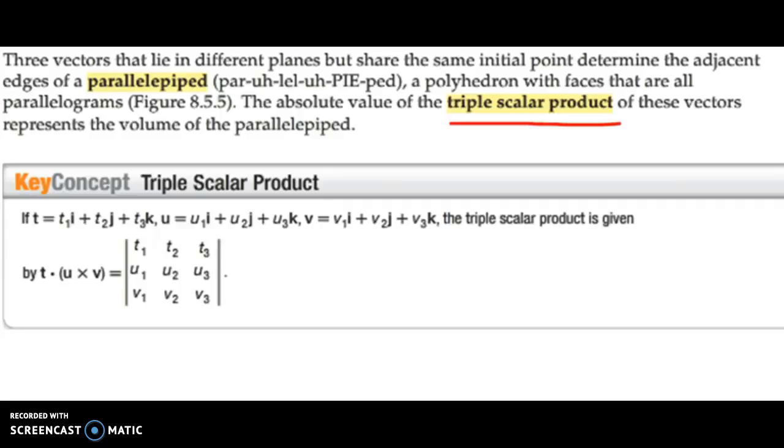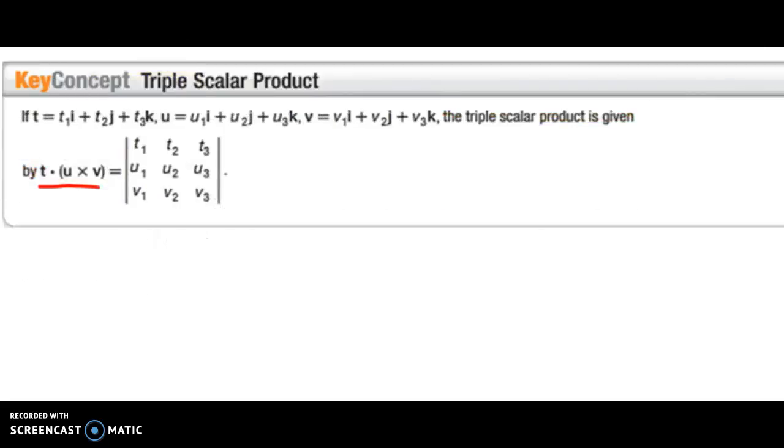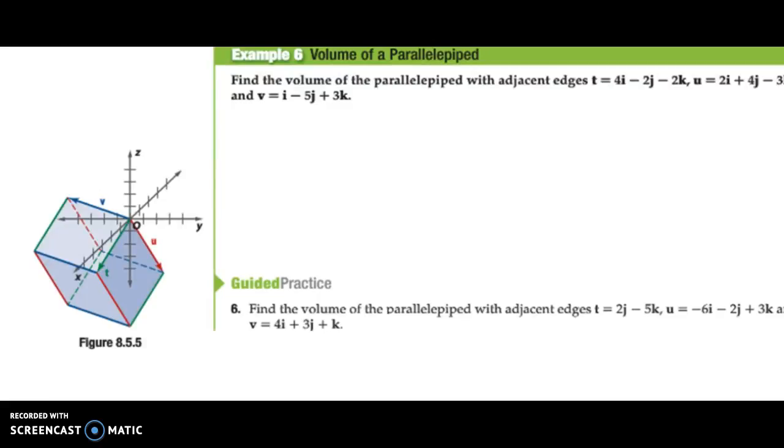So essentially, it's like this. We multiply our vector t by the cross product of u and v. And so it ends up looking something like that. So it says to find the volume of a parallelepiped with adjacent sides t, 4i minus 2j minus 2k, u is 2i plus 4j minus 3k, and v is i minus 5j plus 3k.